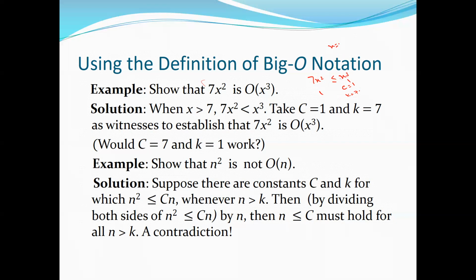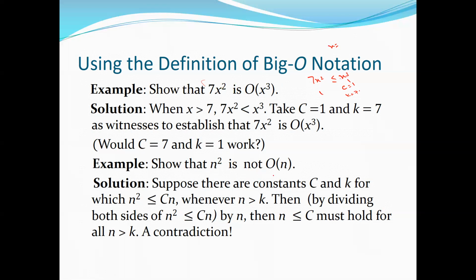If you choose x equal to 2, then for k equal to 7, this inequality will hold, right? So 7x square is big O of x cube. Remember, a lower order polynomial is always big O of a higher order polynomial. That is a proven fact that we'll see in the upcoming slide as well.